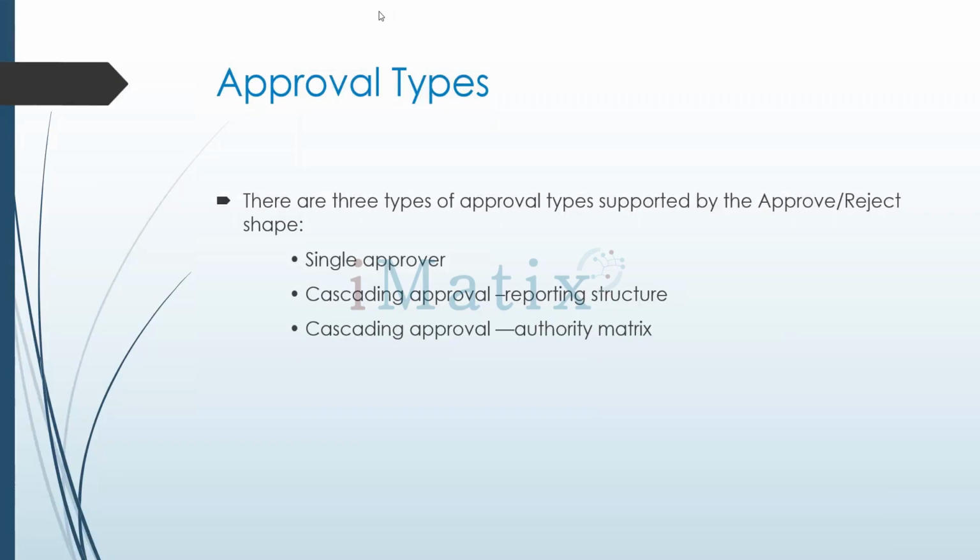For single approval, once an approver approves your transaction, the case just moves further, whereas for cascading approval, you need two or more. That depends upon either the reporting structure or the authority matrix. What are these two now? Let's see.